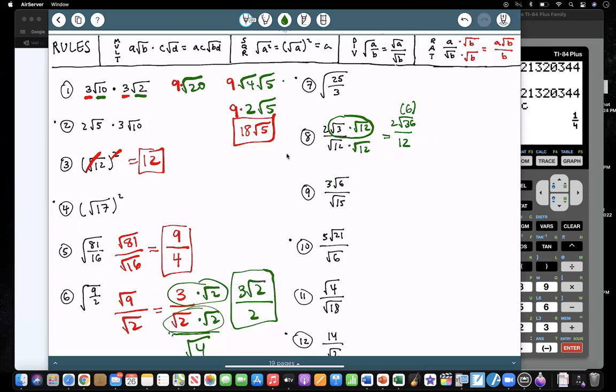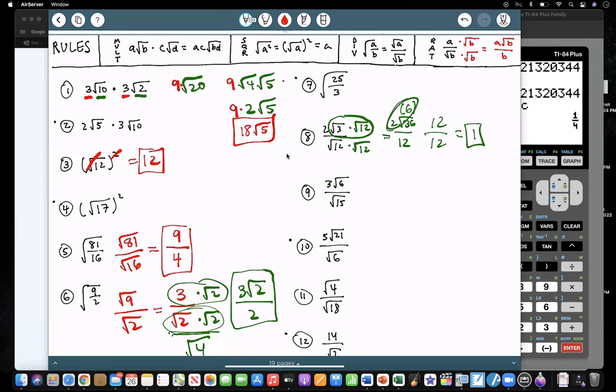So at the top, we're going to have 2 times 6, which is 12, over 12, which is 1. So all these ways work. No matter what, we get 1. So whatever you're more comfortable with. Personally, I probably do the first or second way, but if you want to rationalize it, you'll get the same answer as well. Okay, let's look at number 9 here.